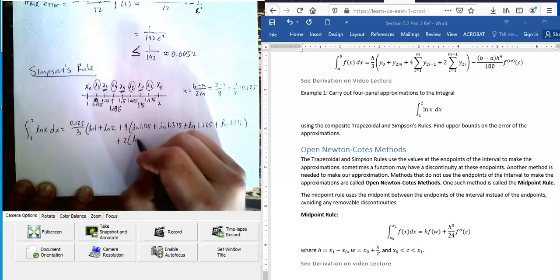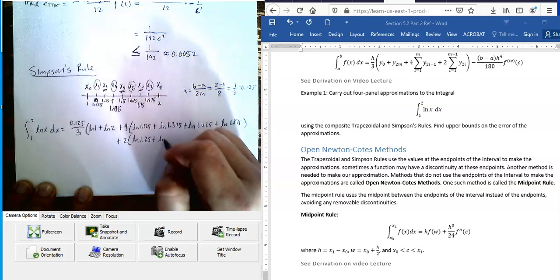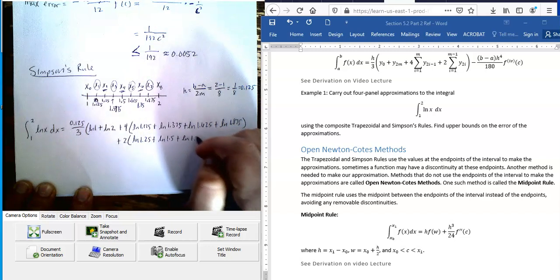So that would be natural log of 1.25, natural log of 1.5, and natural log of 1.75.